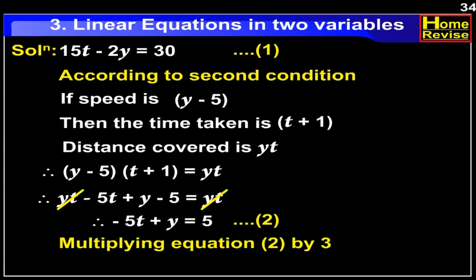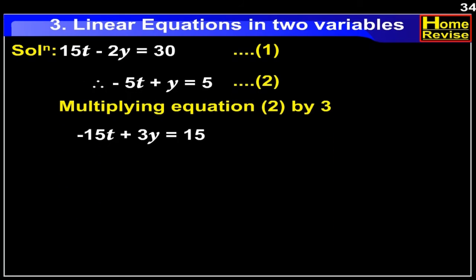Now multiplying equation 2 by 3 we get minus 15t plus 3y is equal to 15. Let this be equation number 3.